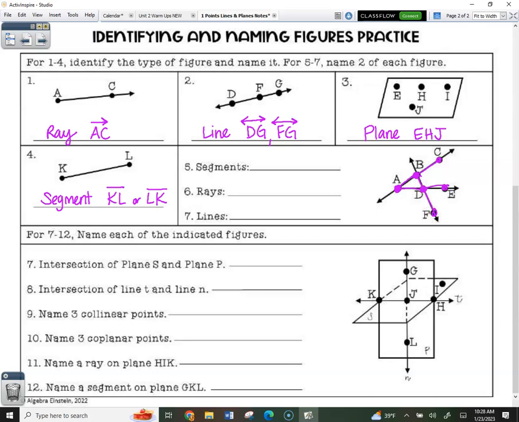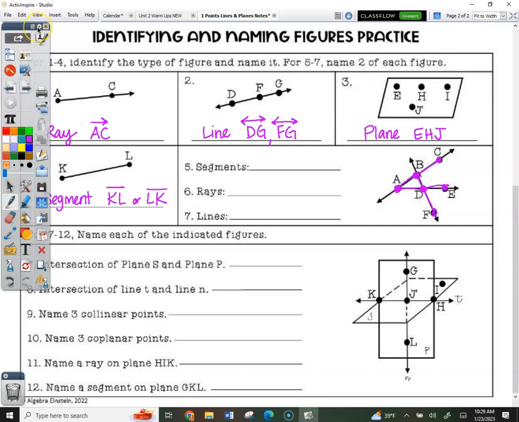Can you say CE? No, there's nothing connecting C to E, so that would be a wrong answer. But that's a bunch of answers there that you could have said. Oh yeah, BF works. From here all the way to here, that is a segment. And AC works, AE works, yeah. AB works.